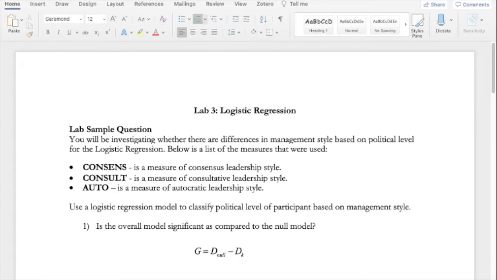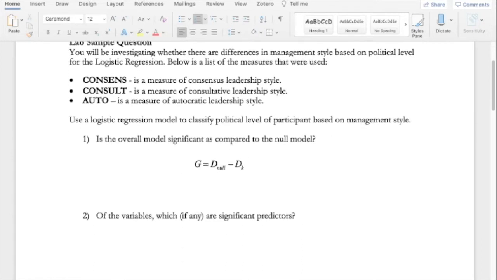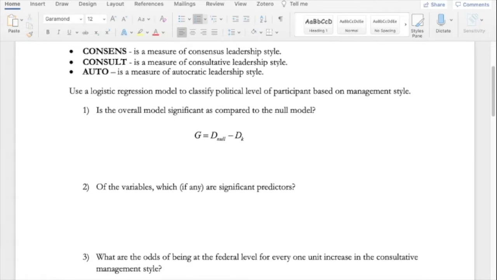And we're going to be trying to figure out what political level, so whether they're at the municipal or federal level, the individual is from. So basically, we'll be looking at these questions.